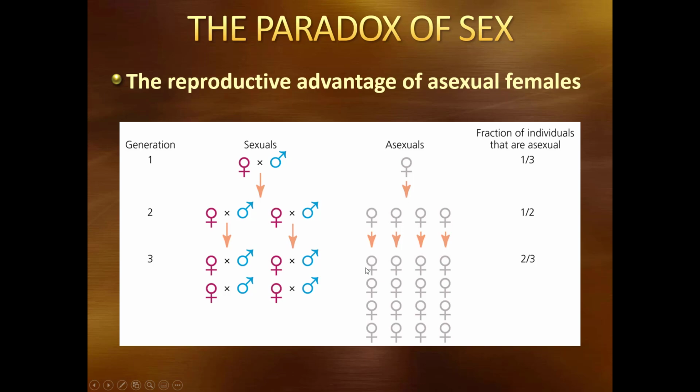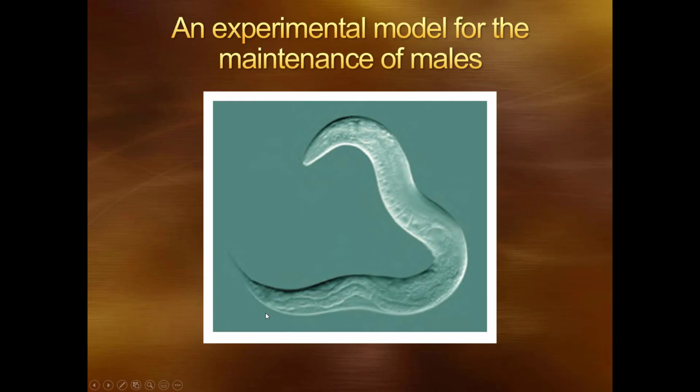Any genes causing that asexuality have a higher fitness and are increasing in frequency in this population. Pretty soon, you would expect everyone in the population to have this asexual gene, and we would eliminate the sexual gene. There's an experimental model that's been used to test this.